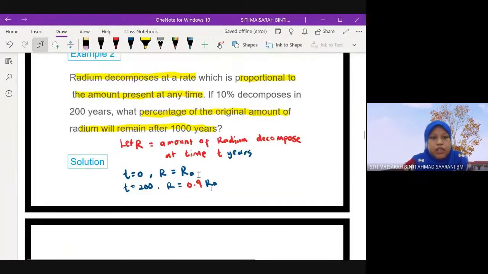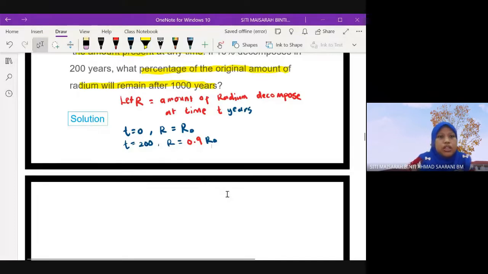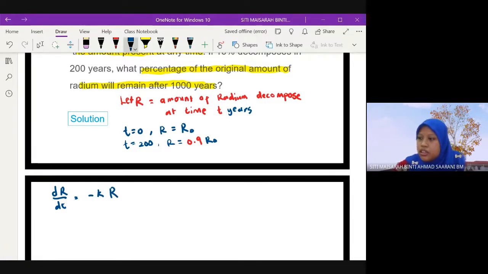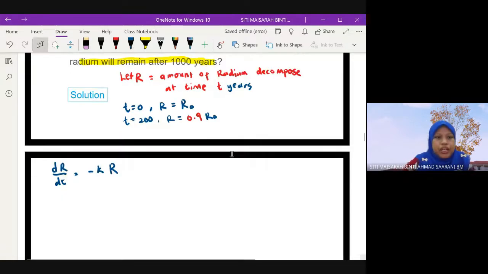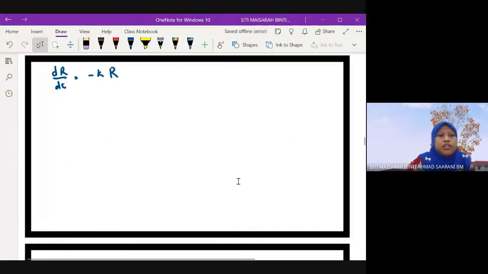Okay, so jadi dia punya differential equation dia macam yang tadi ya. So jadi dalam kes ni dr over dt equals to negative kr. Okay, so jadi kita solve. So ni boleh separate, dia akan jadi 1 over r dr equals to negative k dt. So then we integrate both sides.